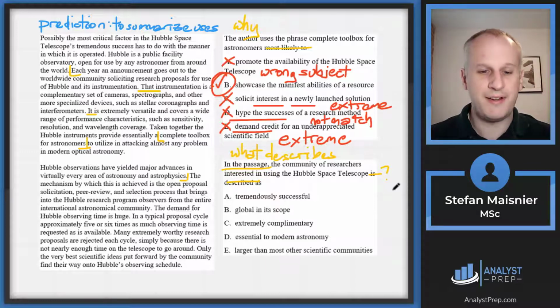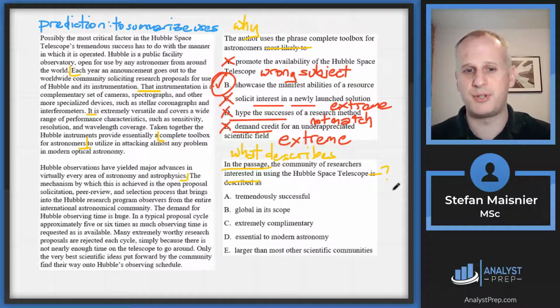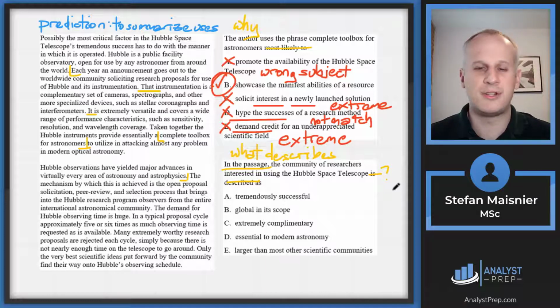And we find more about the interest in the second paragraph. And the good thing about a potential piecemeal as you go reading approach to this passage and these questions, if, say, the purpose question above was the first question, is that I don't necessarily need to reread to know that the second paragraph is going to be more about the community of researchers.